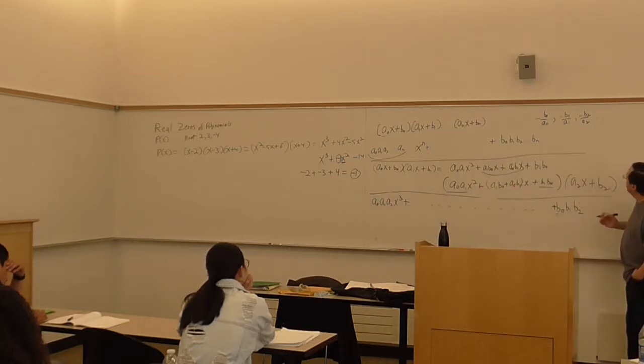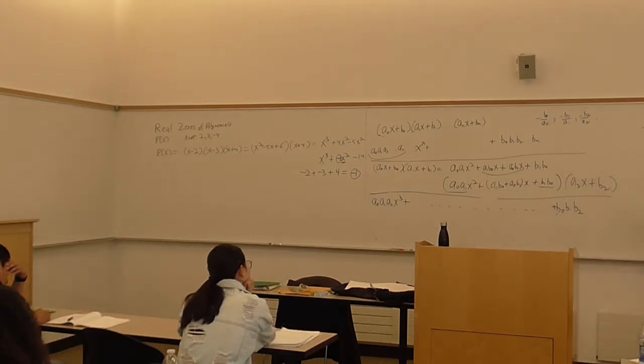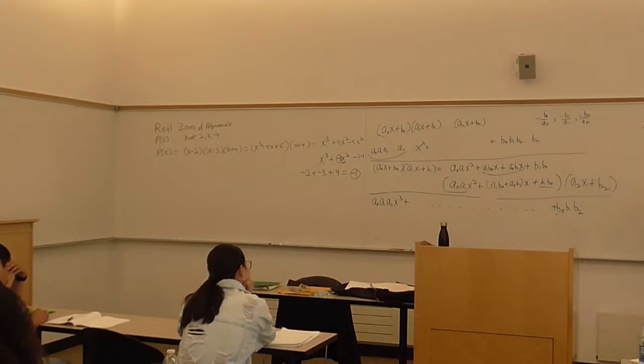So, if we look at this value, B0, B1, B2, divided by A0, A1, A2, we can say something intelligent now about these rational roots. They're all a factor here. They're all factors. Does everyone see that?